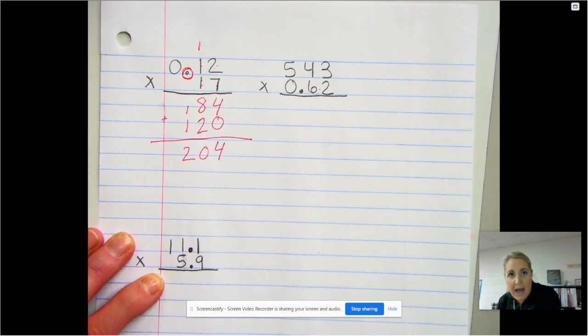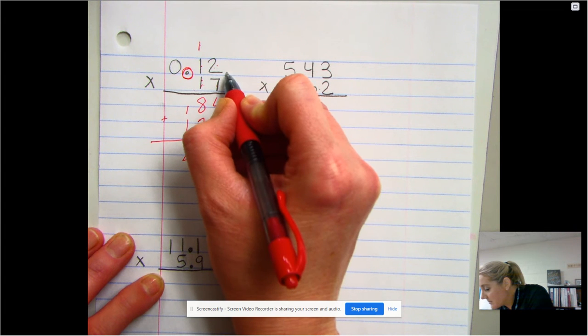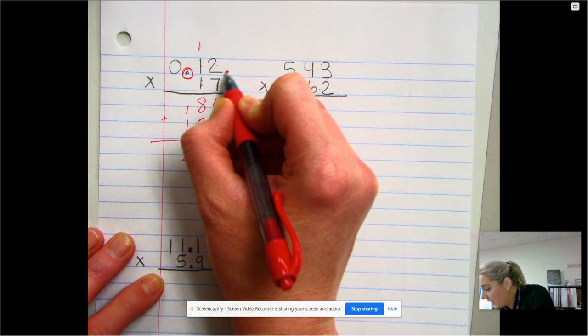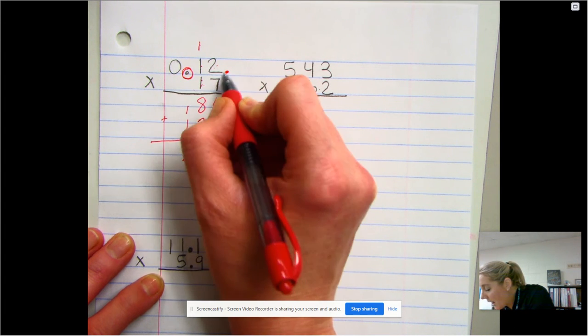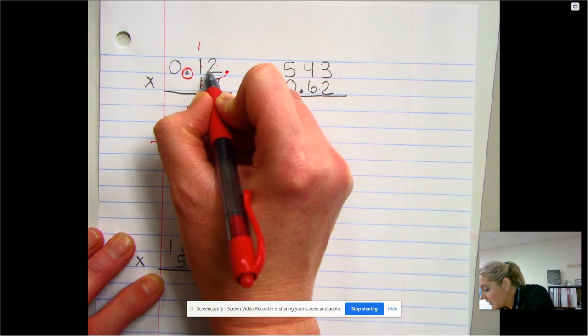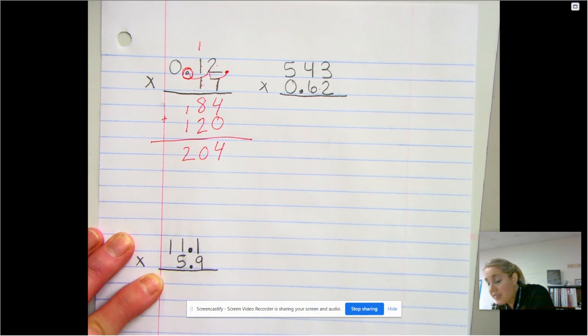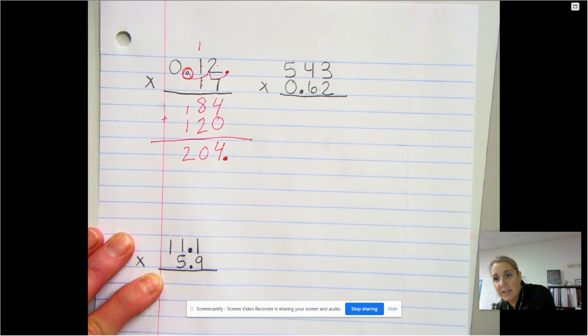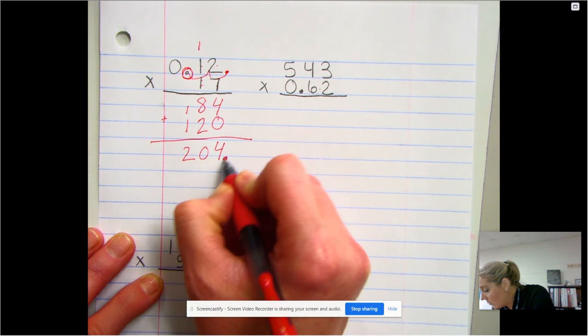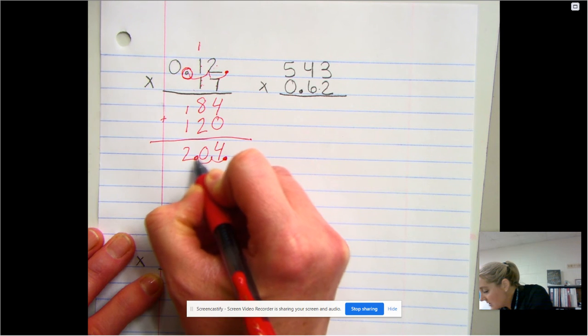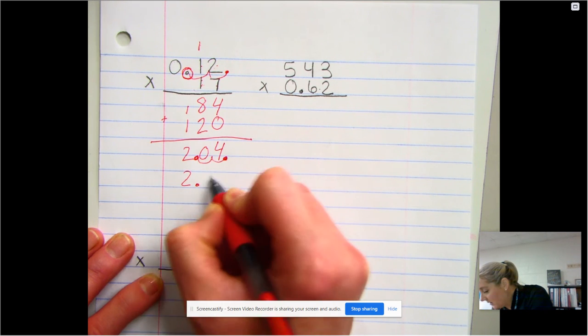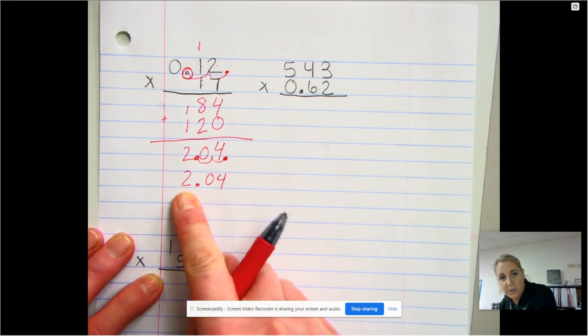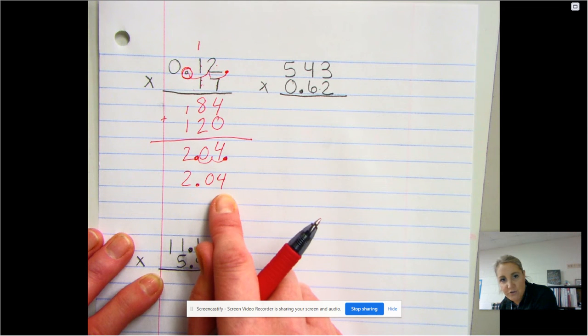I need to figure out how many hops it took for this decimal to move over here. How many times? 1, 2. Therefore, I put my decimal right here and I'm going to move it 2 hops. 1, 2. So my correct answer is 2 and 4 hundredths.